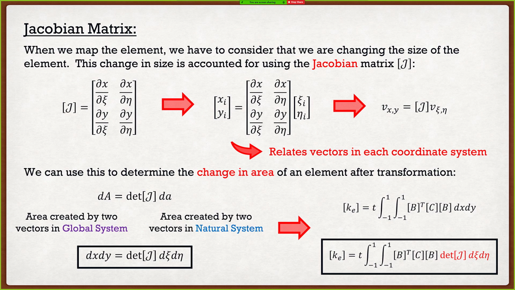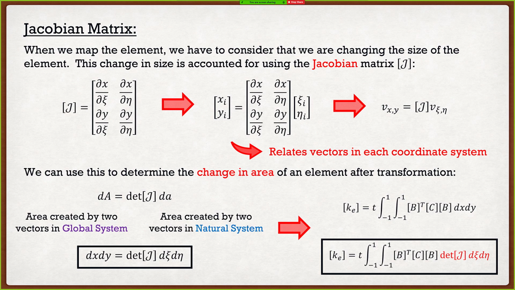Now, remember that we said that formula above applied for all solid elements, right? That B transpose multiplied by C multiplied by B, then integrated, applied for all solid elements. Well, this new relationship that we have at the bottom is going to apply for all isoparametric solid elements.